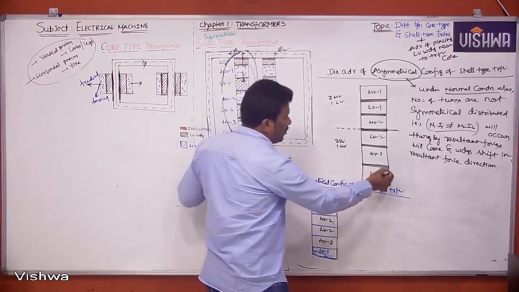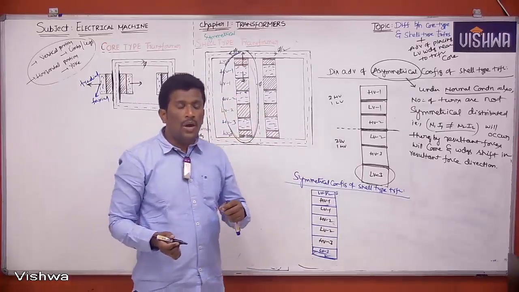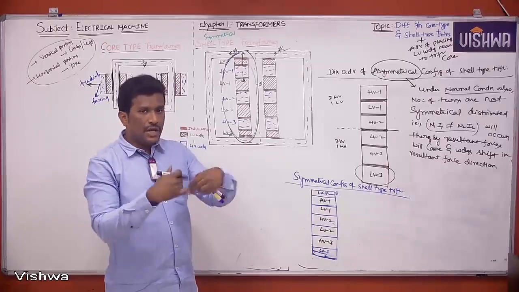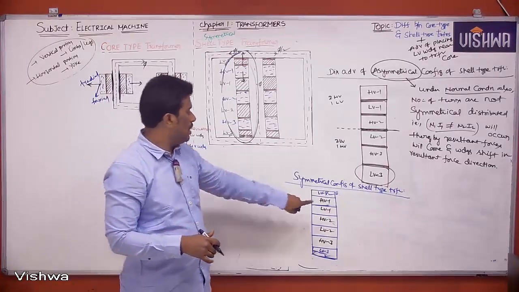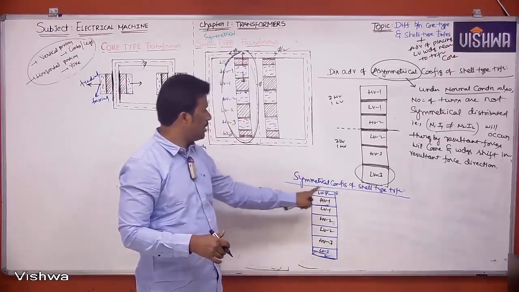Whatever the extreme low voltage winding is there, in a symmetric configuration, 50% of the extreme low voltage winding is placed on the top side, and the remaining 50% is placed on the bottom side. That is only the symmetric configuration.